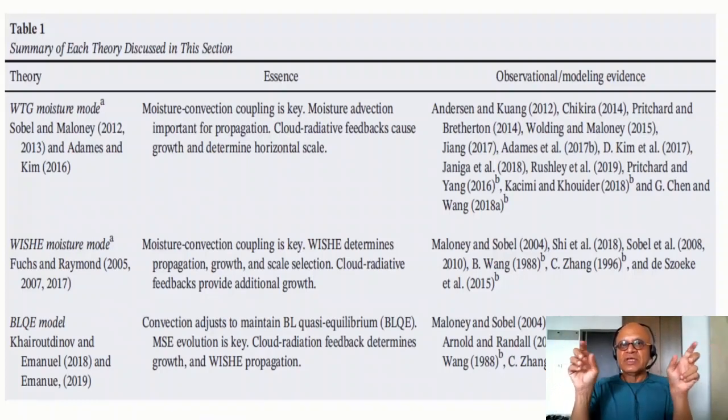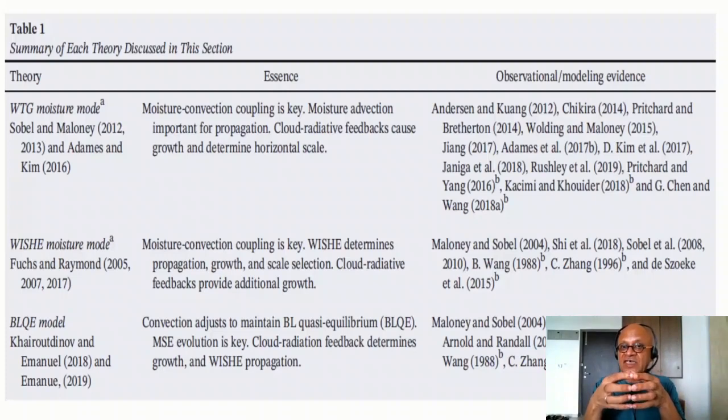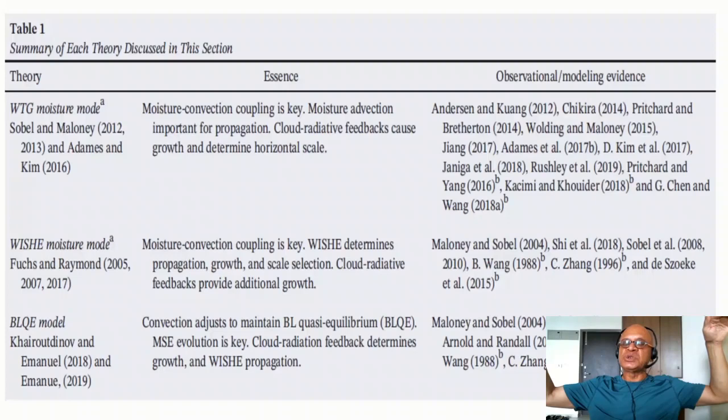For example, the clouds associated with the planetary scale of the MJOs, other than the deep convection and the rainfall structure associated with MJOs, the clouds actually trap the outgoing longwave radiation, which has to be balanced by the rising motion, expansion, moistening of the troposphere, and the cooling associated with that.